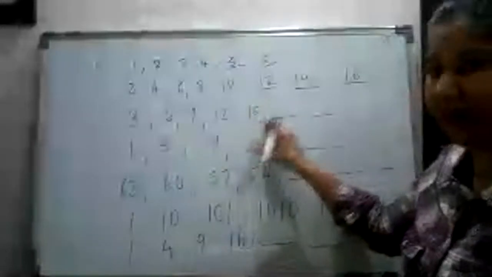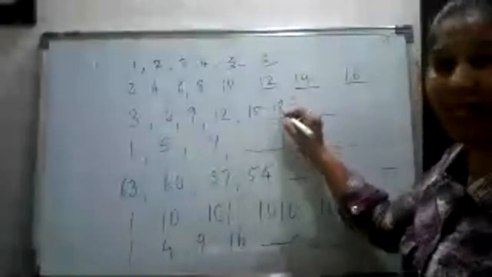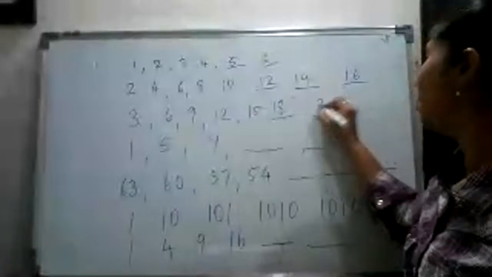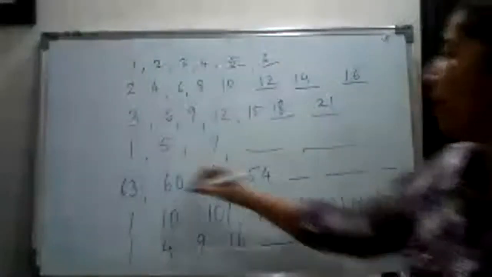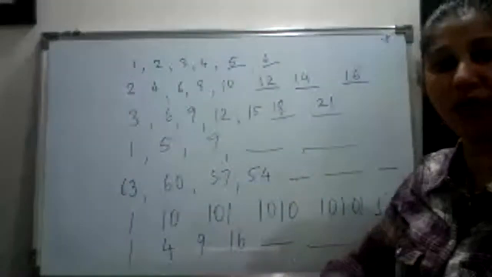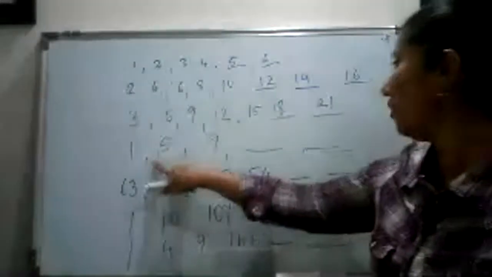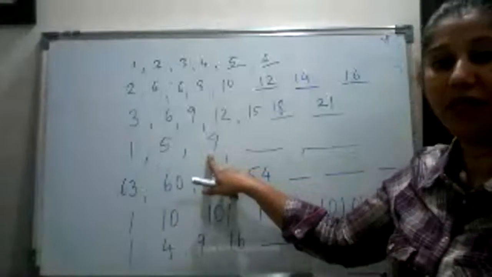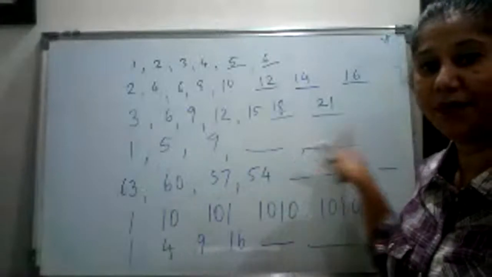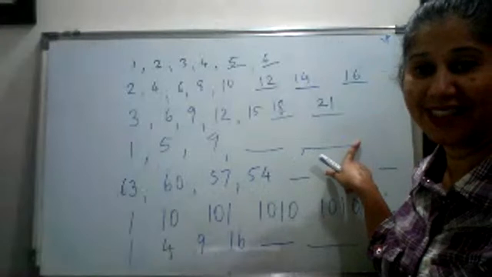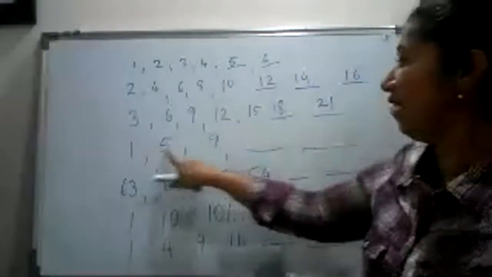Yes, I think you got the answers here. After 15 comes 18, and after 18, what will come? Yes, you all are correct, 21. Fine, then we move on like this with the other one. So we get 1, 5, 9.